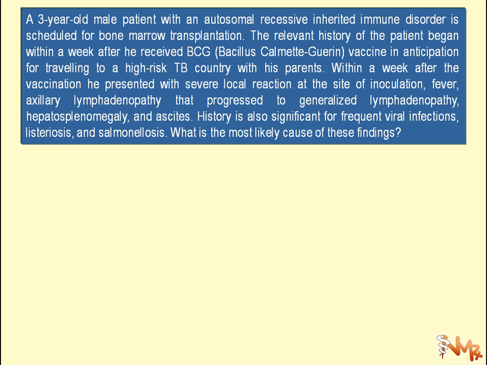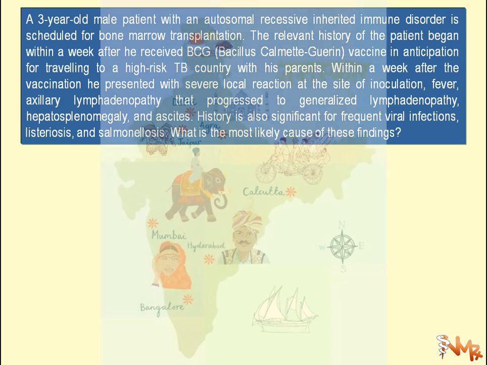A 3-year-old male patient with an autosomal recessive inherited immune disorder is scheduled for bone marrow transplantation. The relevant history of the patient began within a week after he received BCG vaccine in anticipation for traveling to a high-risk TB country with his parents.